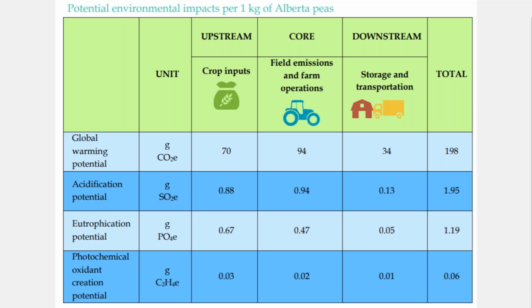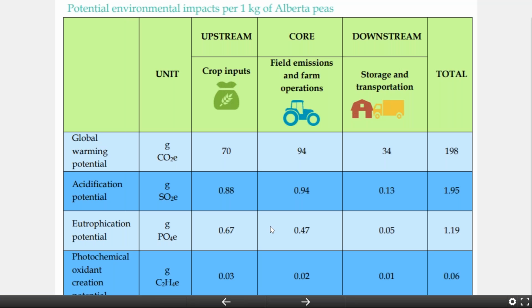This is an actual result from the EPD out of the document. We have those 4 areas: global warming potential, acidification, eutrophication, and daytime smog. You can see the relative share, and we have some pie charts coming up, but you can see relatively where those emissions come from.